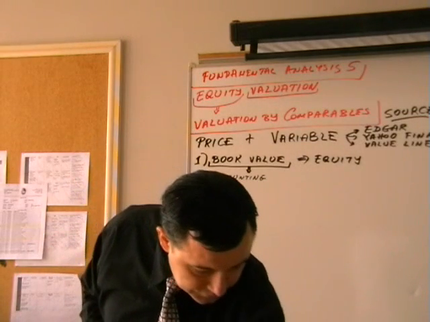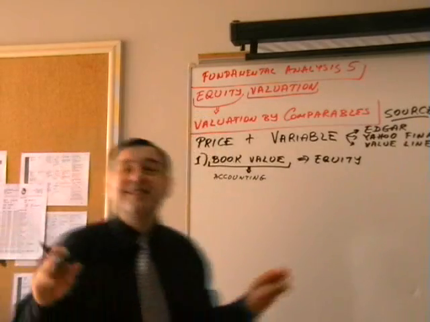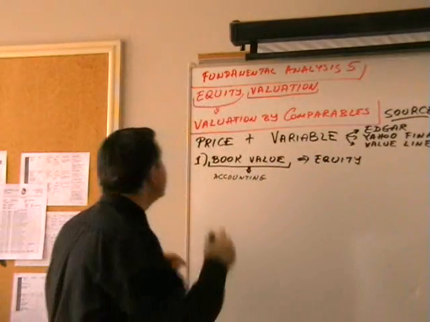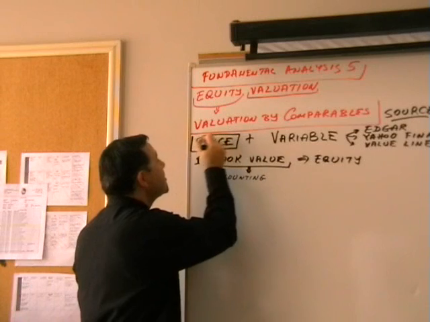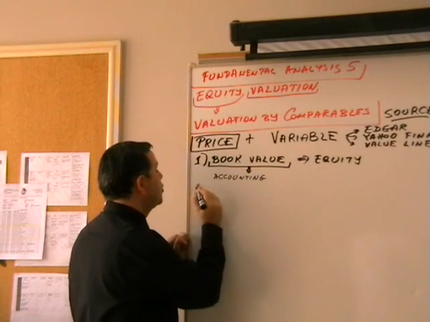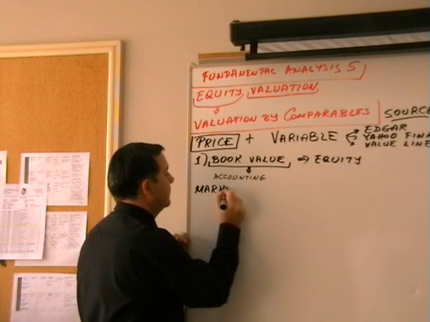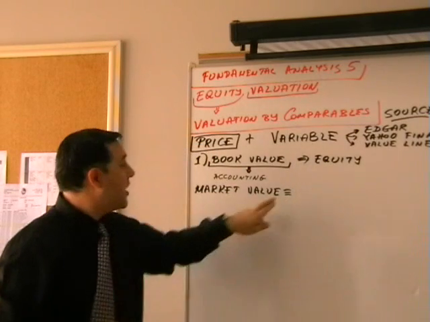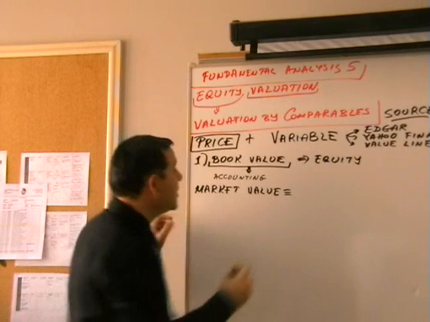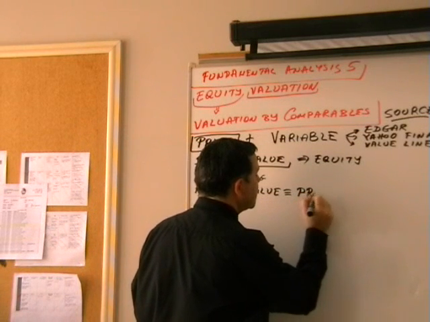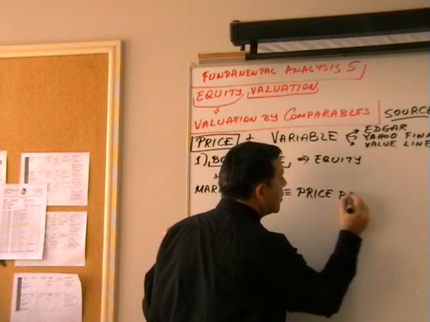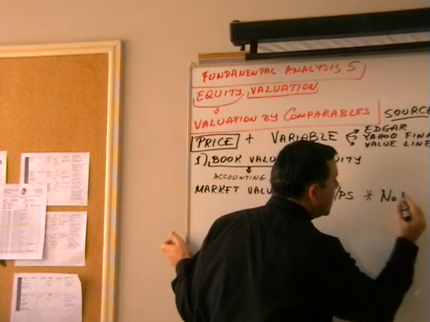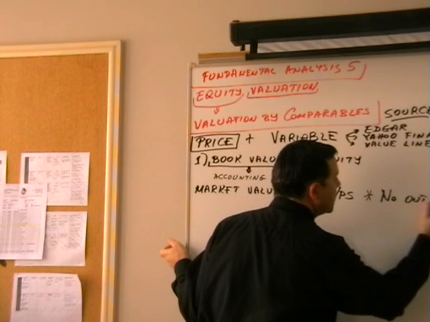All right. Market value is better, right? Well, that's the question. What is a market value? Market value is simply the price of shares. So let's just define market value to make sure you understand it. Market value, by definition, simply means price per share times number of outstanding shares.